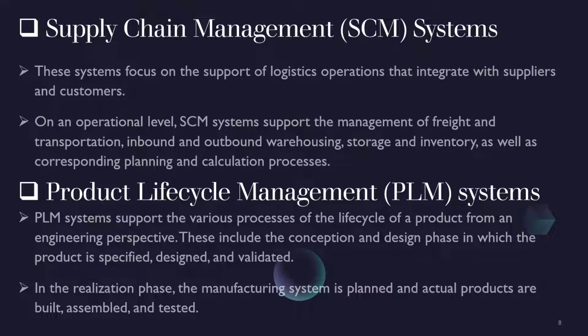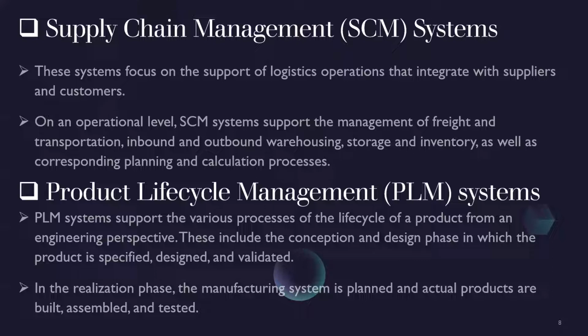The other one is the product life cycle management, PLM systems. PLM systems support the various processes of the life cycle of a product from an engineering perspective. So we are going to understand this life cycle from the perspective of engineering, which includes the conception and design phase in which a product is specified and designed, as well as validated.